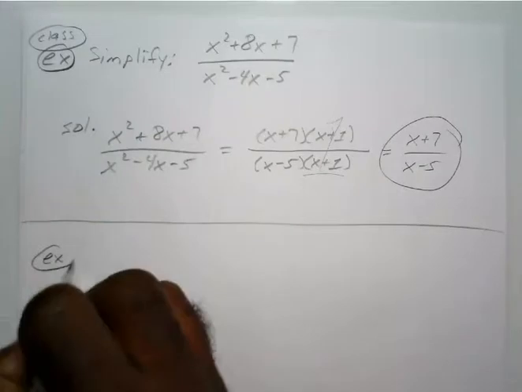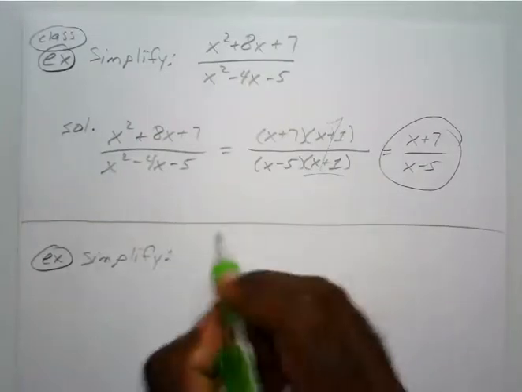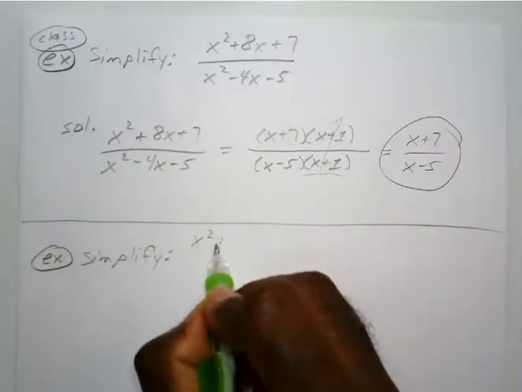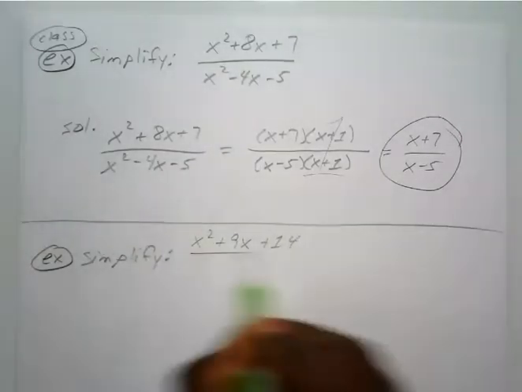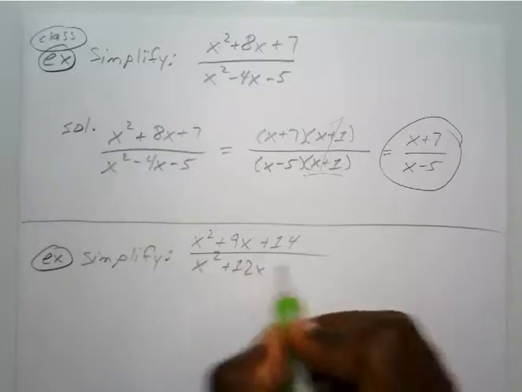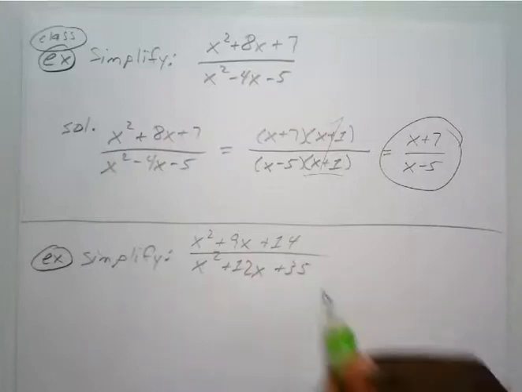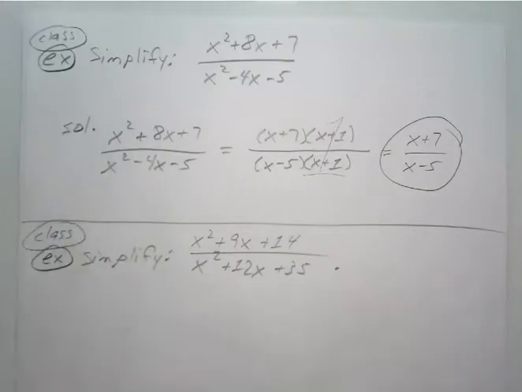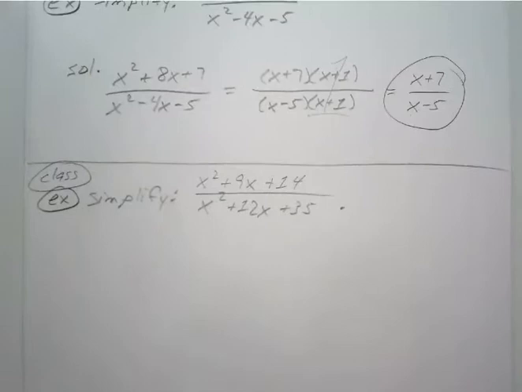Let's say, for example, we wanted to simplify x squared plus 9x plus 14 over x squared plus 12x plus 35. Okay, and again, I want you to give that one a try. So go ahead and press pause and try that one yourself.